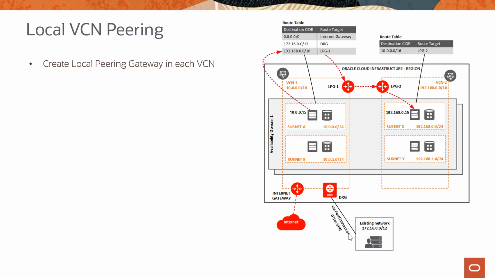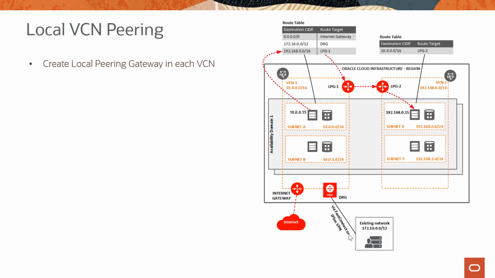The traffic from the instance in subnet A is routed through LPG1 based on the rule in subnet A's route table. And from LPG1, the traffic is routed to LPG2 and then from there on to the instance in subnet X. So how can we achieve this?